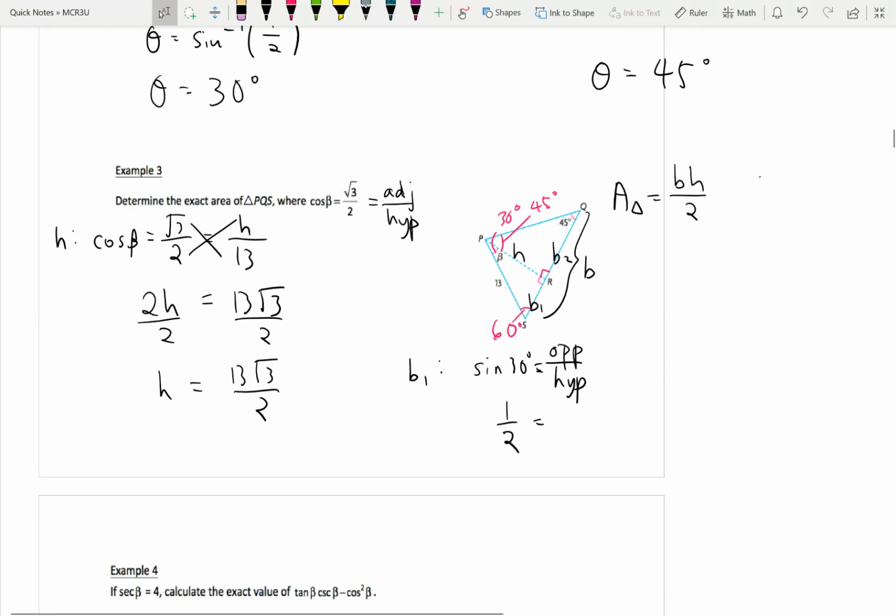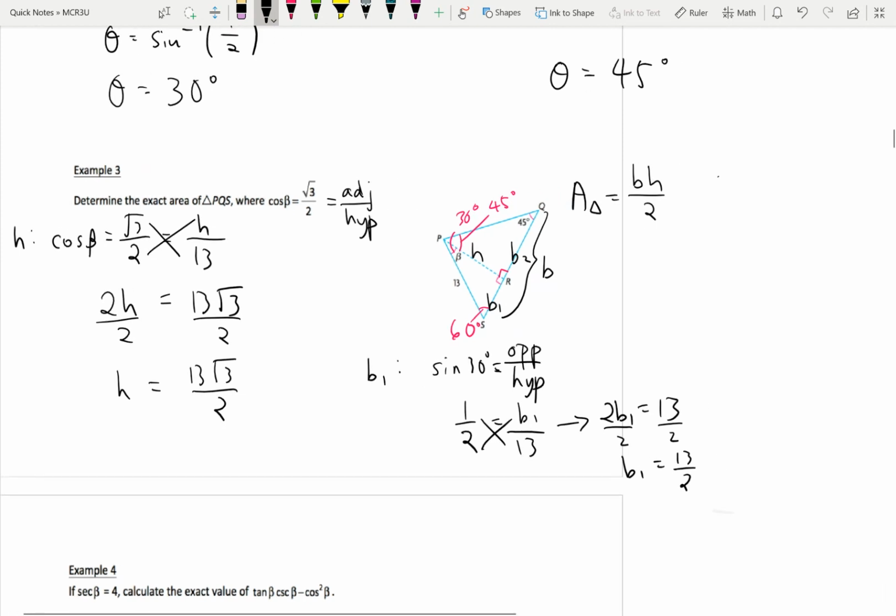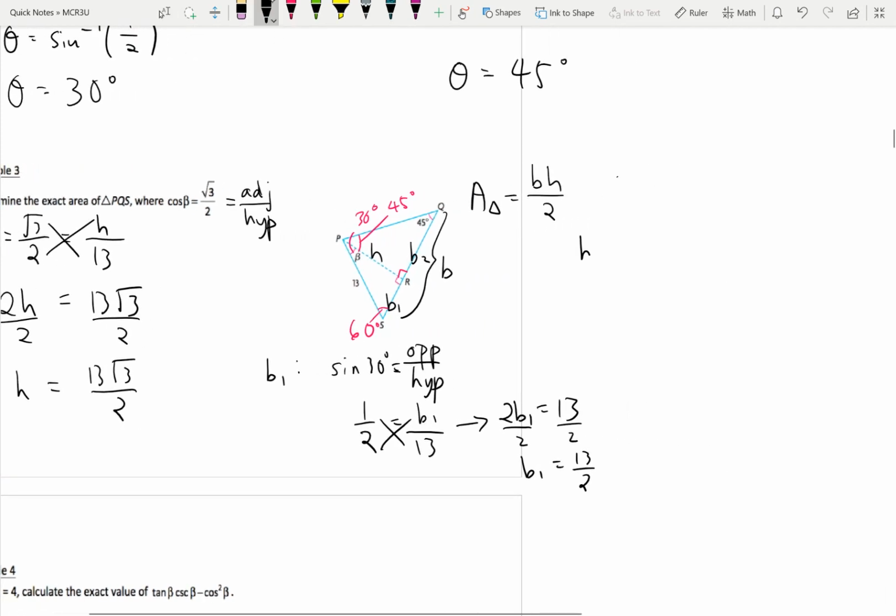And in this particular triangle, using similar triangles and proportions, opposite is B1, and my hypotenuse is 13. So cross multiplying all that gives me 2b1 equals 13. And then I can divide it by 2. So b1 is 13 over 2. Okay, B2 we're going to look for.